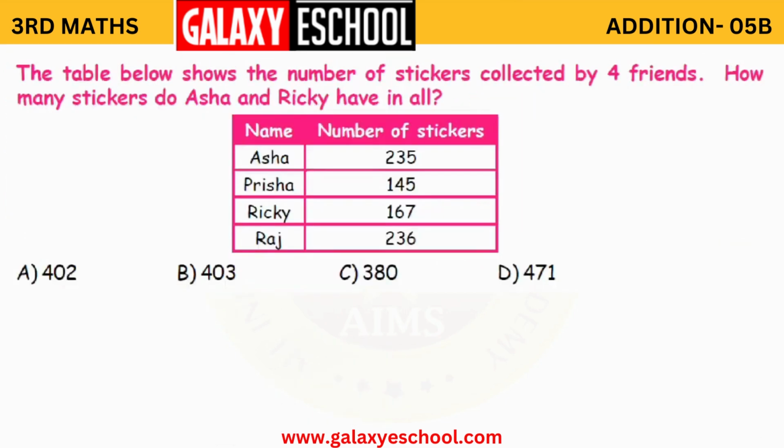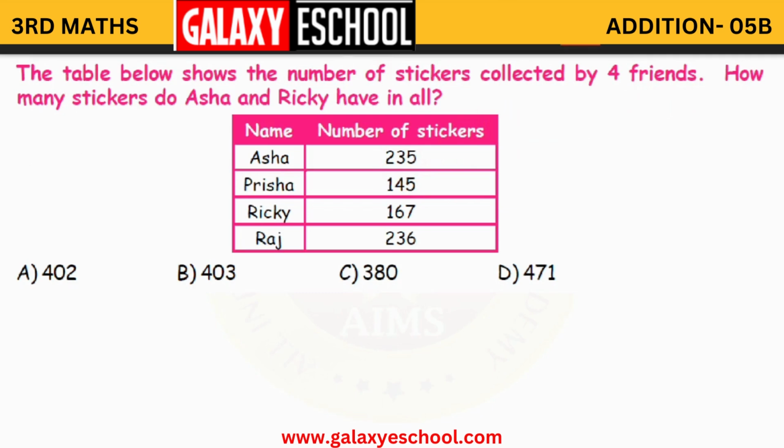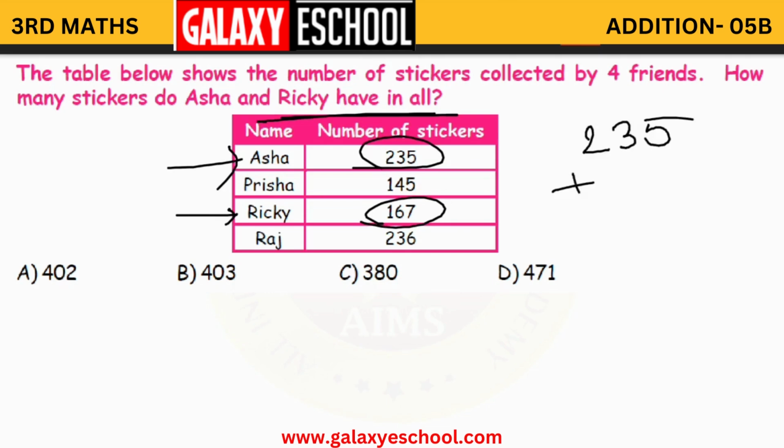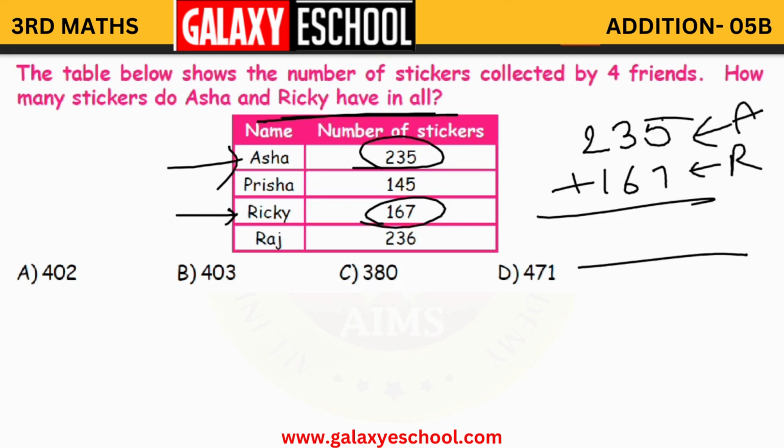Okay children? Okay. Moving on to the next question. The table shows the number of stickers collected by 4 friends. How many stickers do Asha and Ricky have in all? Asha and Ricky. How do we find out the total number of stickers? By adding. Yes, so 235 plus 167. 235 Asha, 167 Ricky.